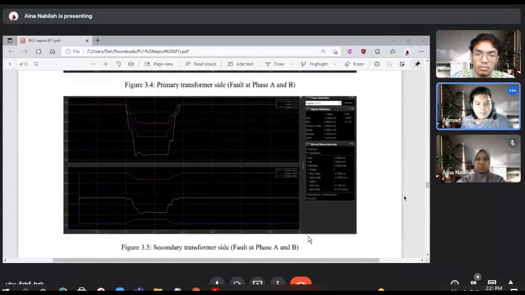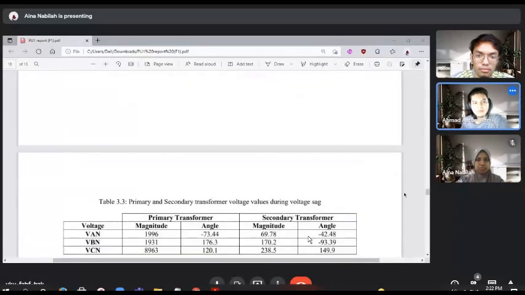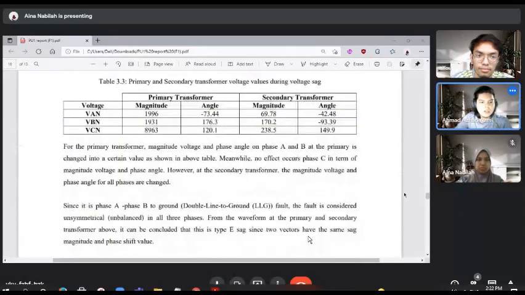Next, so this is the secondary transformer site for phase A, phase B, and phase C. So next, for the primary transformer, the magnitude, voltage, and phase angle on phase A and phase B at the primary is changed into a certain value as shown in the above table.